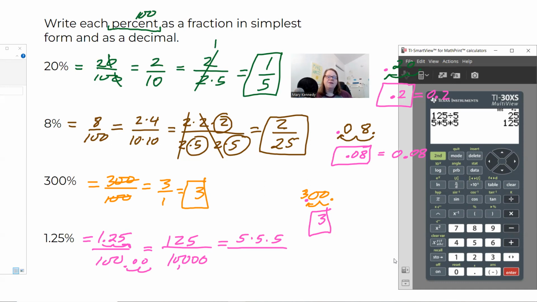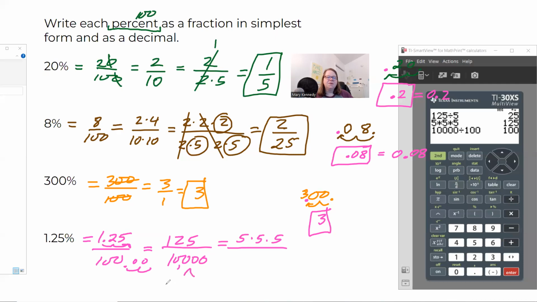All right, 10,000. Think about all those zeros at the end. I know that I can divide it by 10. Can I divide it by 100? Let's see what happens. Look at that. How about that? 10,000 divided by 100 is 100.